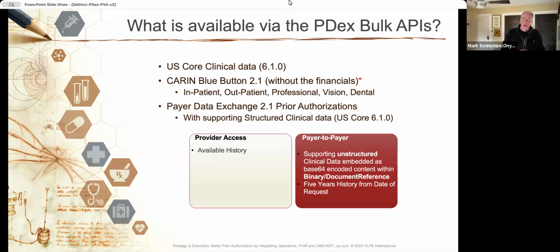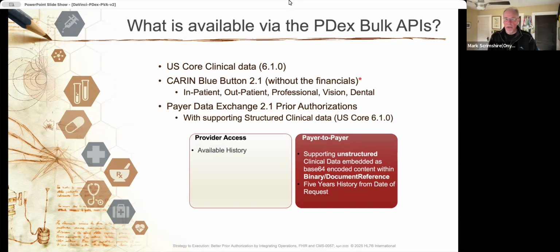So in those bulk APIs, when retrieving data, you can potentially have US Core clinical data. We're now in 2026, so that would be version 6.1 or USCDI version 3. You would have the CARIN Blue Button 2.1 financial claims, but without the financials.